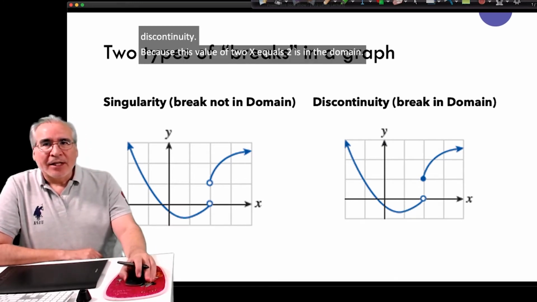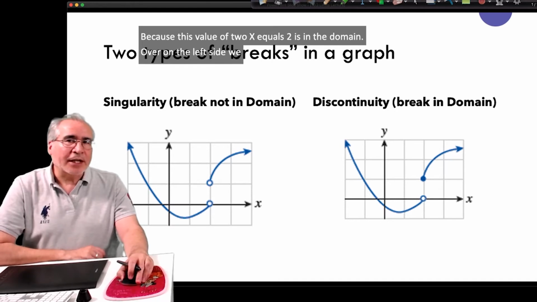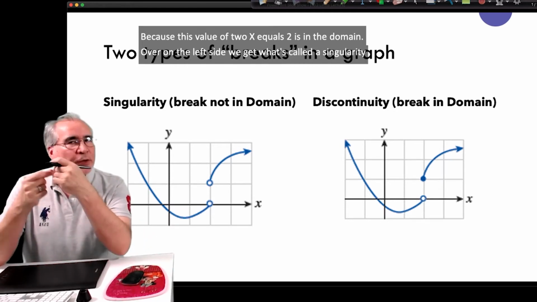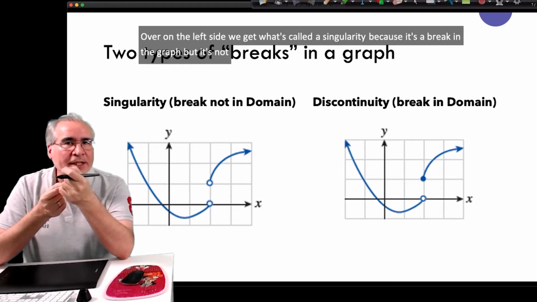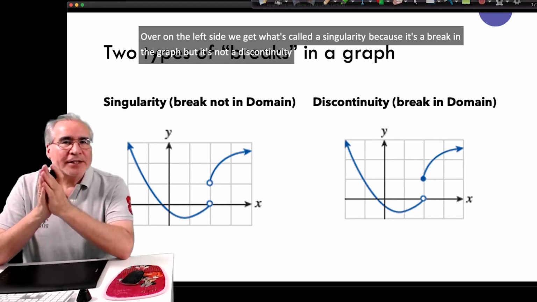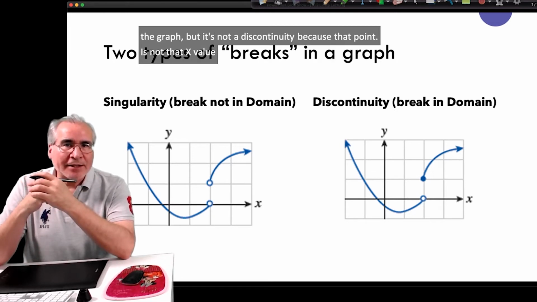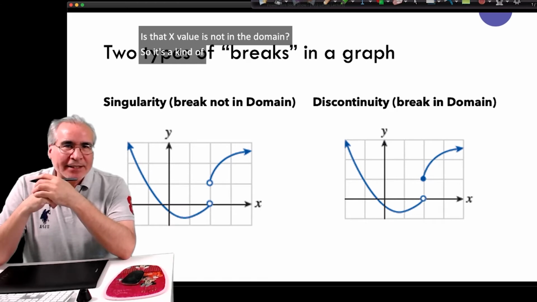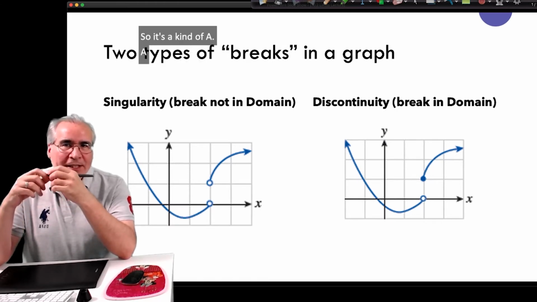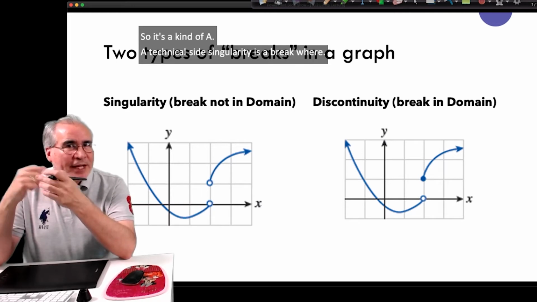Okay. Over on the left side, we get what's called a singularity because it's a break in the graph, but it's not a discontinuity because that x value is not in the domain. Okay, so it's a kind of technical side. Singularity is a break where that point's not in the domain.